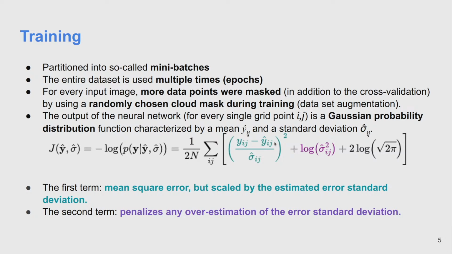One term is saying the neural network should be close to the data where you have it. So this is this term, scaled by the expected error variance. And then another term, which is often constant if you don't consider it, but then it takes into account the logarithm of the error variance.